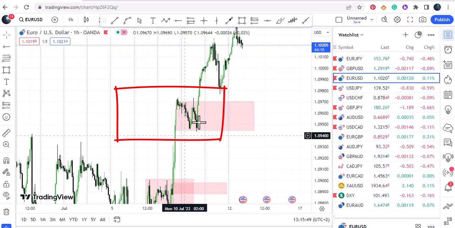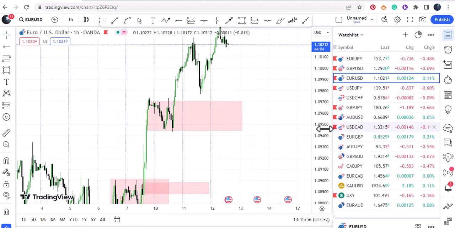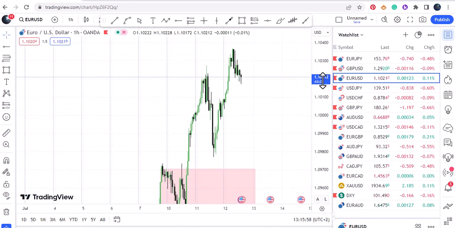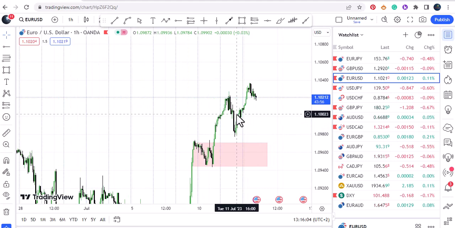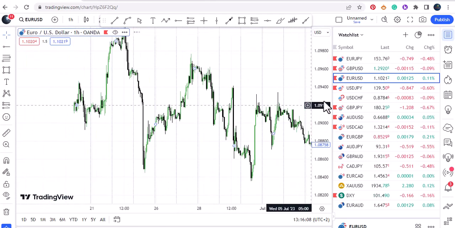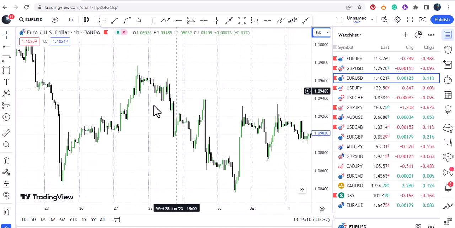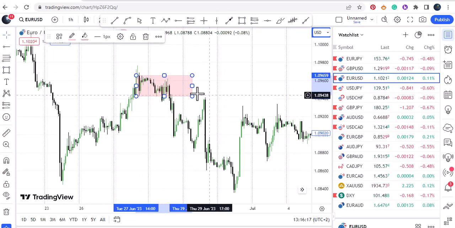Why? Because we have had consolidation, then we have had price breaking out of that consolidation in a momentum shift move, or in an aggressive manner. So this is what we want to see as price is moving away from consolidation. And if you look closely here, we have a consolidation right there, and we have a breakout out of that consolidation.